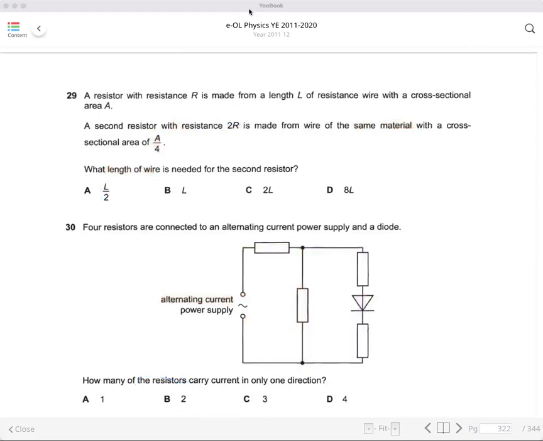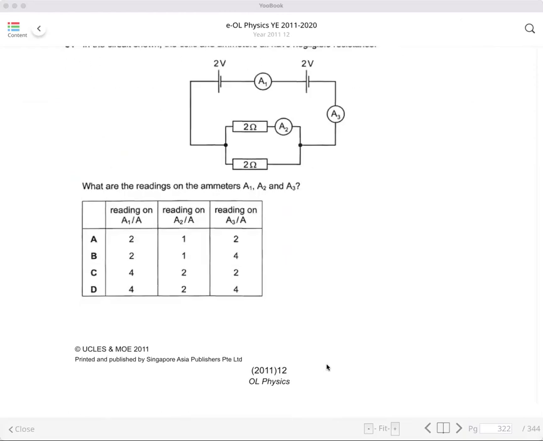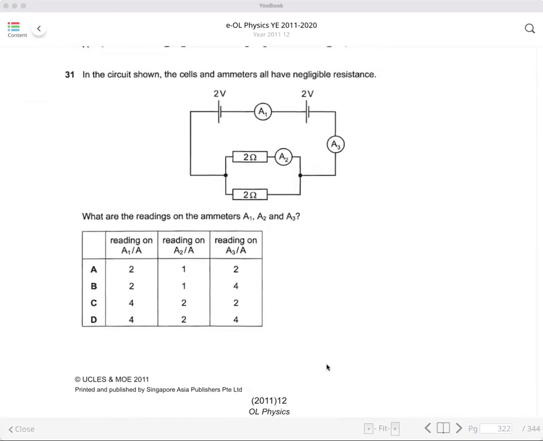Everybody clear now? We have 10 more questions. Let's do quickly. Next one, 31. Hurry up, do quick.